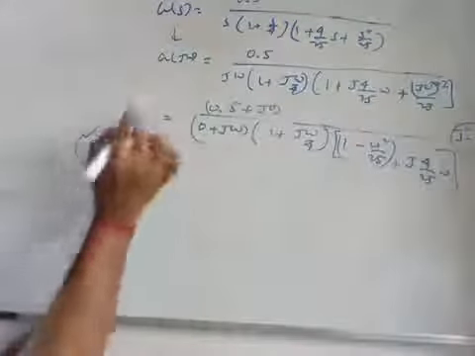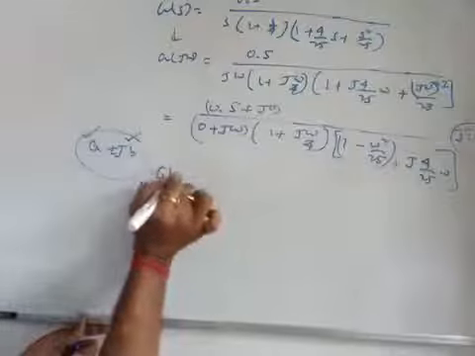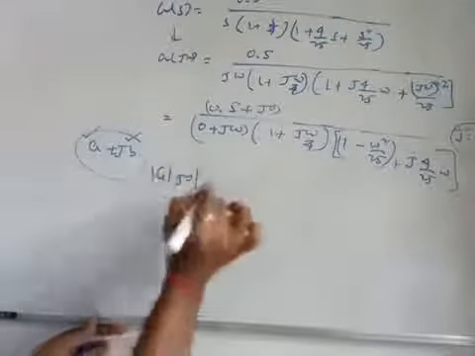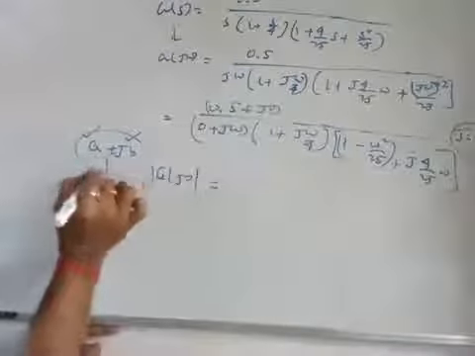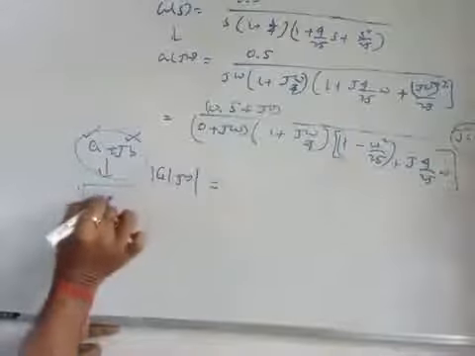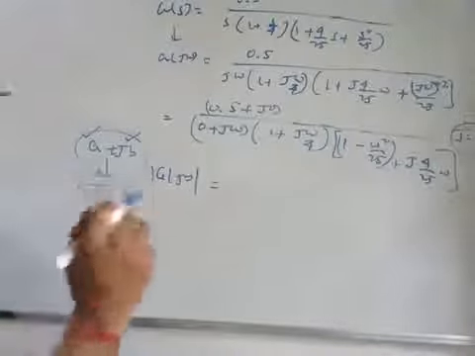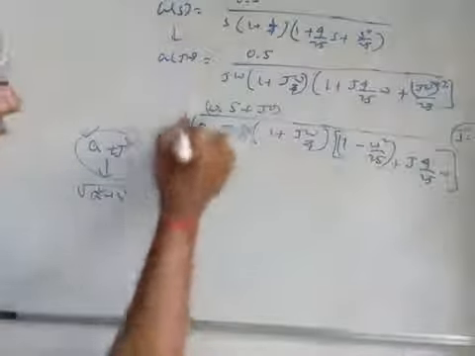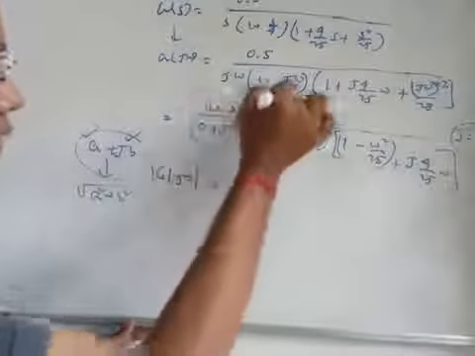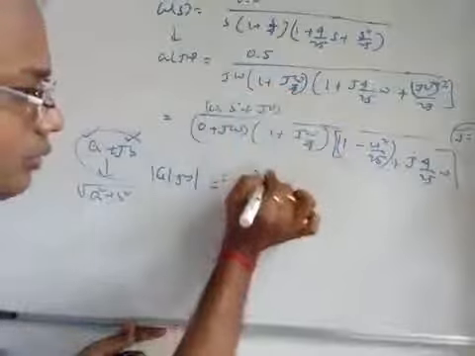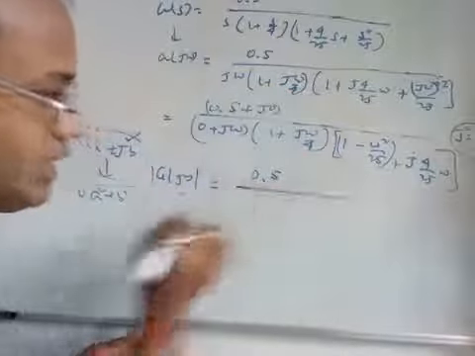Now the next part, the magnitude of G(j omega), that is the modulus of G(j omega). You see the modulus is equal to, again I write, root over a square plus b square, that means root over real square plus imaginary square. Here this will be simply 0.5 as it is.